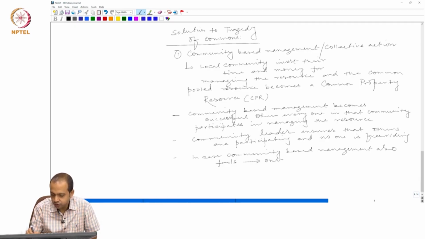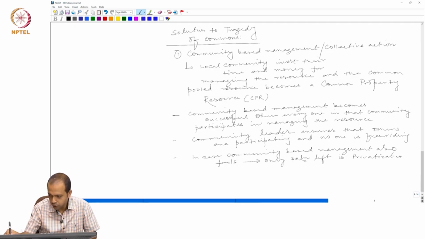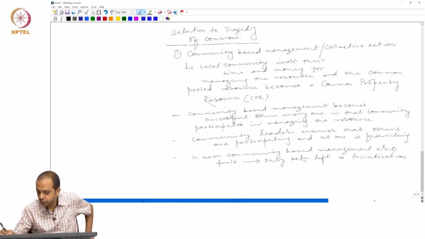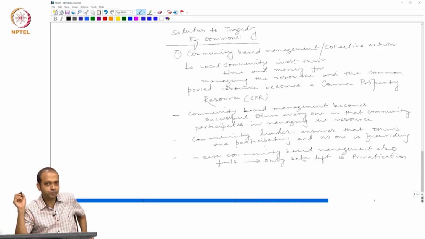The only solution left to protect against the tragedy of commons is privatization. So, the resource would then be owned by a private owner.